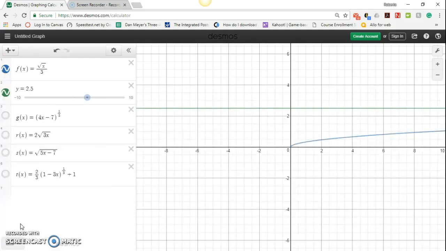So in the first one, we have f of x is the square root of d over 3, and that's equal to 2.5. I have the two functions in, and I notice that, again, the square root starts at 0, 0 and shoots off to the right. I know it's an increasing function, so eventually it's going to get to y equals 2.5.